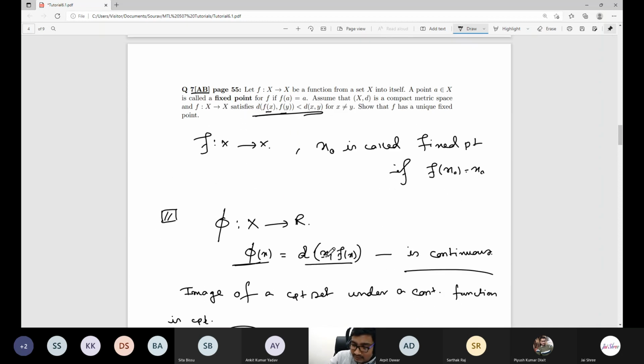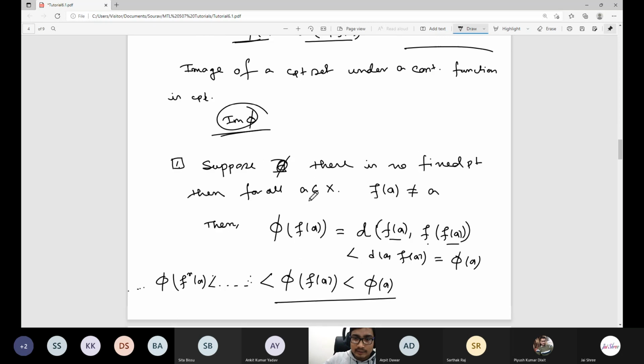For the uniqueness, you can verify by yourself that if there are two fixed points, fx equal to x and fy equal to y, then d of fx comma fy is d of x comma y, which is strictly less than d of x comma y. This is not possible, like saying 1 is strictly less than 1. So there is a unique fixed point.